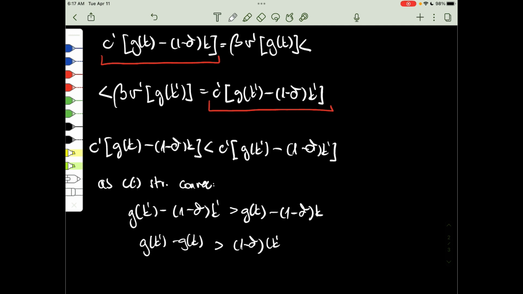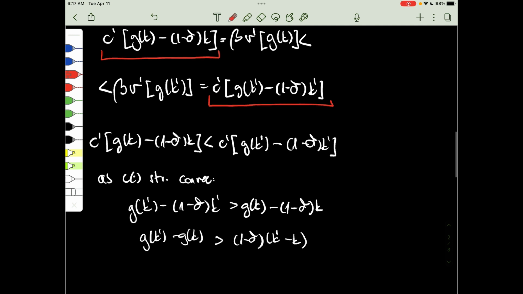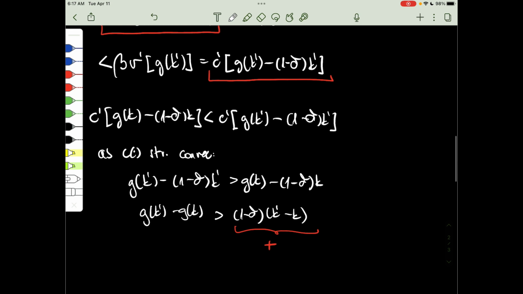And first, let's have a look at the right-hand side. This is positive. This is positive because delta is between 0 and 1, and k prime is higher than k. So the right-hand side is positive.